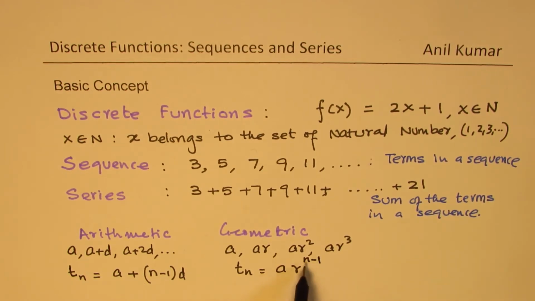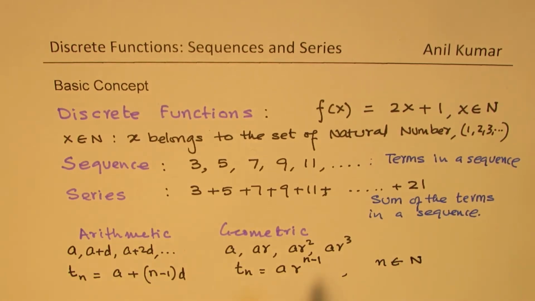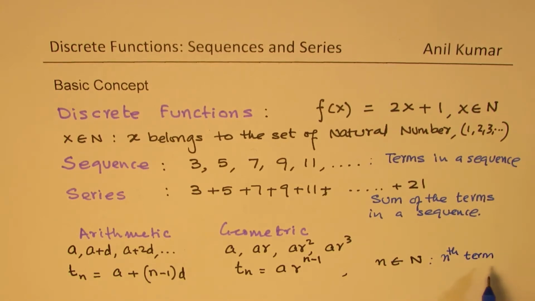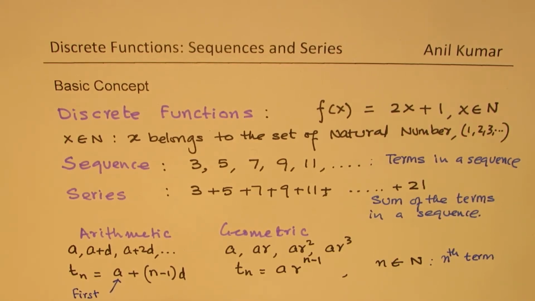Do you see that? In both cases, N belongs to the set of natural numbers. If I put 1 here, we get the first term. So what we have written here is the formula for the nth term, where this is our first term and that is the common difference.